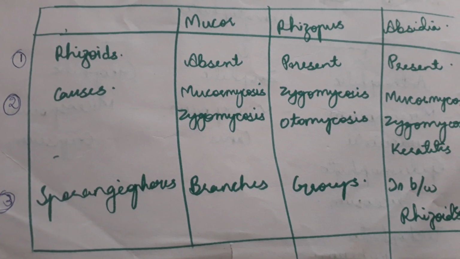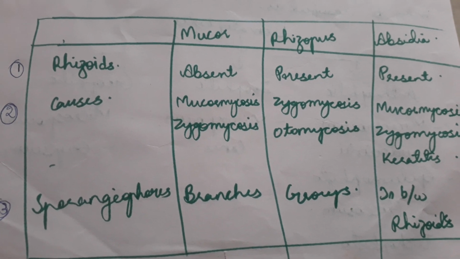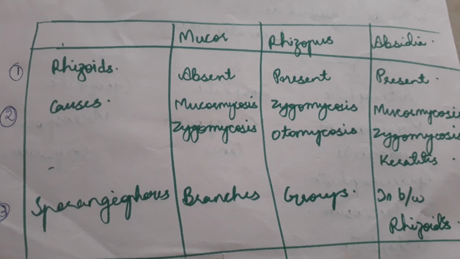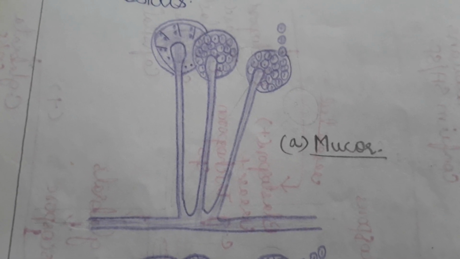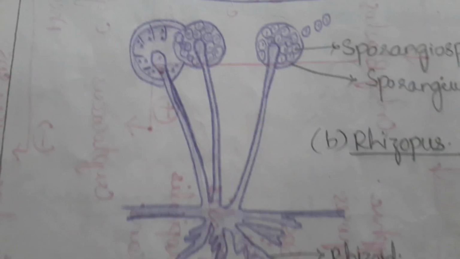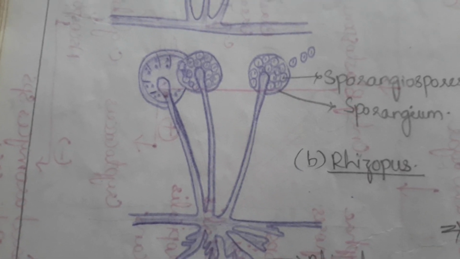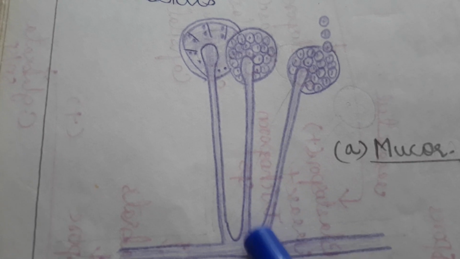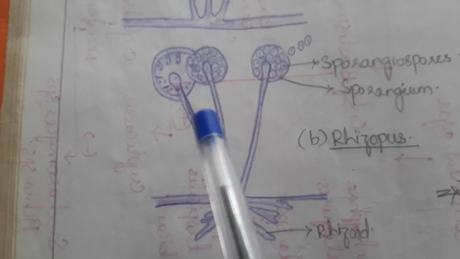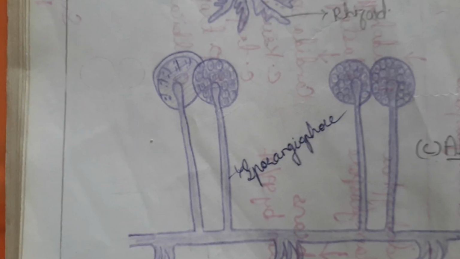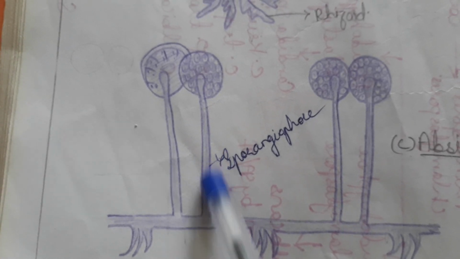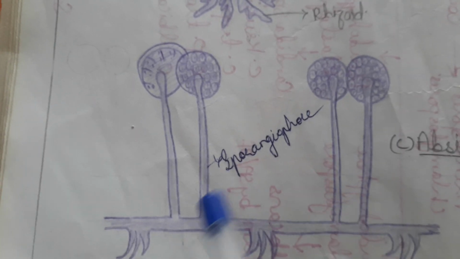Sporangiophores in Mucor are seen in branches, in Rhizopus in groups, and in Absidia in between the rhizoids.